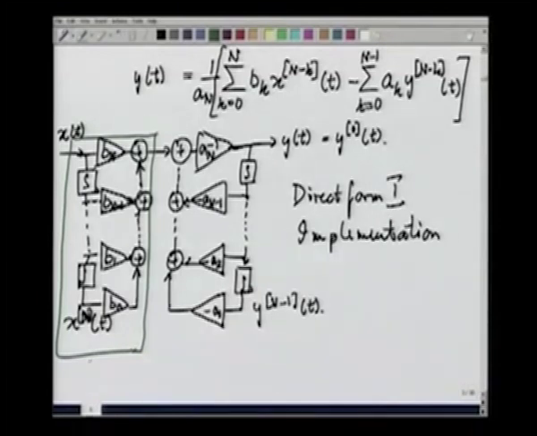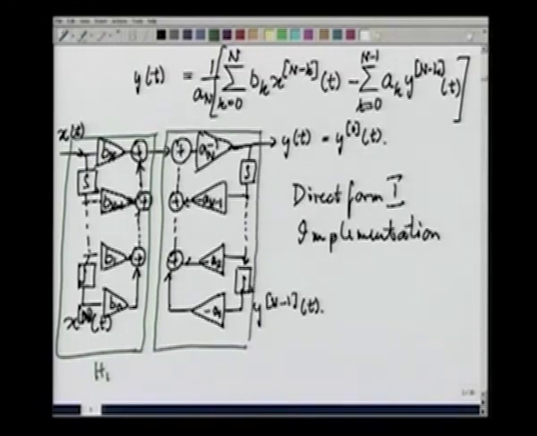Let me just call this, for simplicity, say H1, and let me call this block H2.